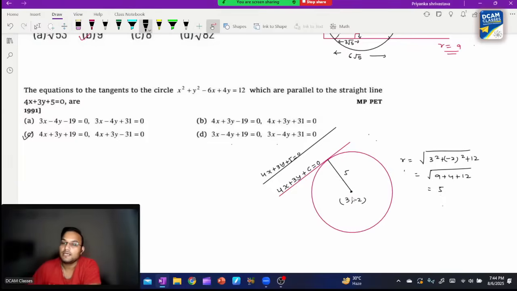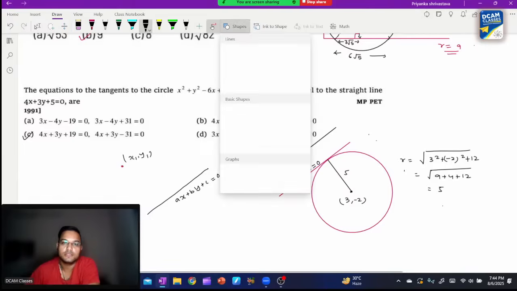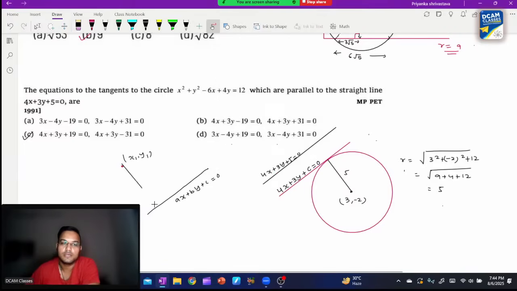Now see, Diva, you were not able to solve this question because you did not know this formula. The length of perpendicular from a point x1 y1 to a line ax plus by plus c equals 0 is a formula in straight line that we have already discussed.